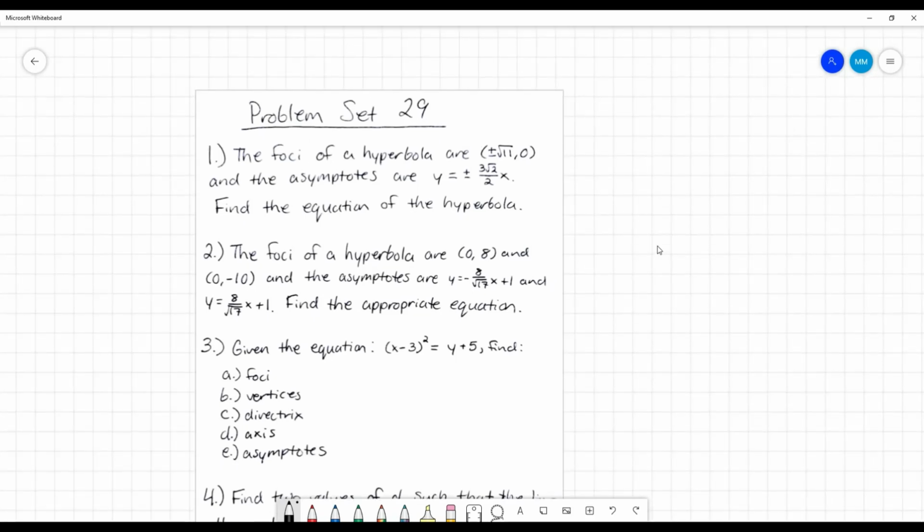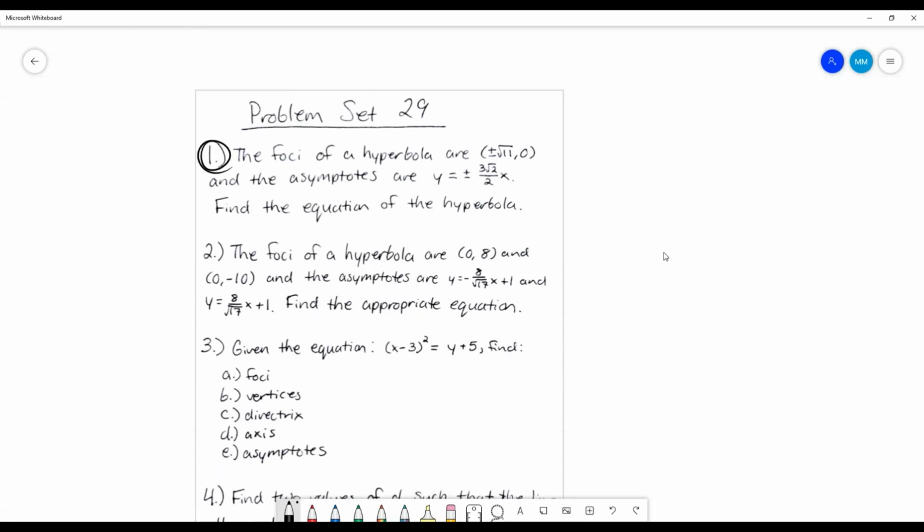So let's go ahead and take a look at number 1. It says the foci of a hyperbola are plus or minus square root of 11, comma 0, and the asymptotes are y equals plus or minus 3 times the square root of 2 over 2 x.